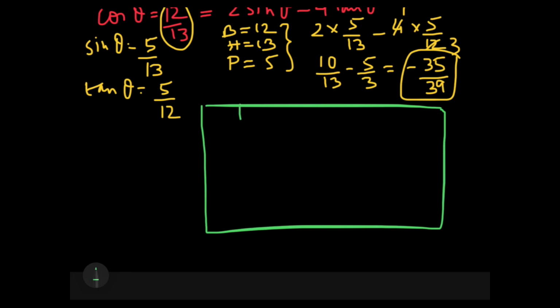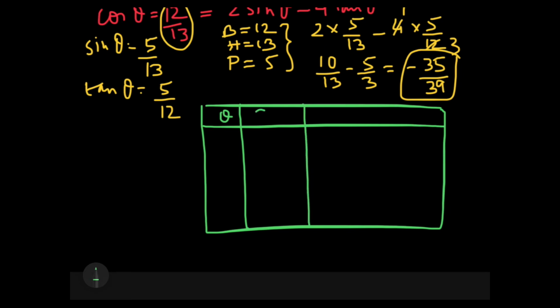Let's write the values of theta over here. Then we will consider the value of sine, the value of cos, and the value of tan. The first is 0 degree. For 0 degree, sine 0 degree is equal to 0.